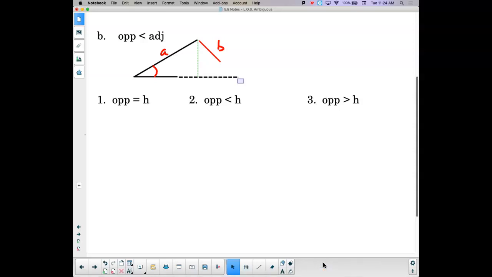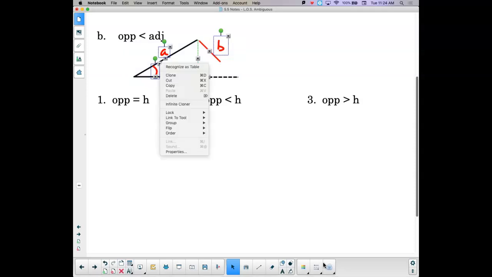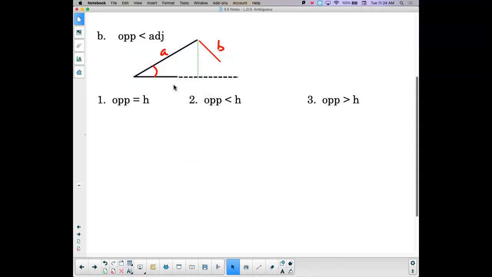I should label my height too. The height of the triangle is here. Remember, heights are perpendicular. That's going to be crucial on this particular one.